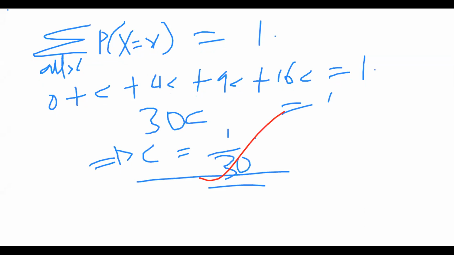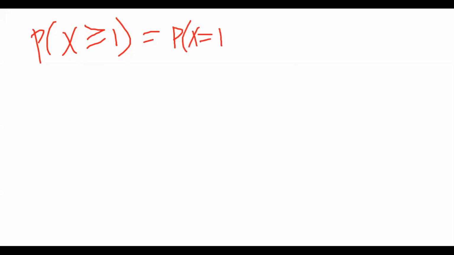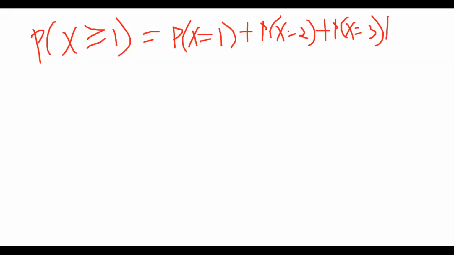Then part B says find the probability of x greater than or equal to 1. And we say that this is the same as the probability of x equals to 1, 1 is inclusive so begin from 1, plus the probability of x equals to 2 plus the probability of x equals to 3 plus the probability of x equals to 4.